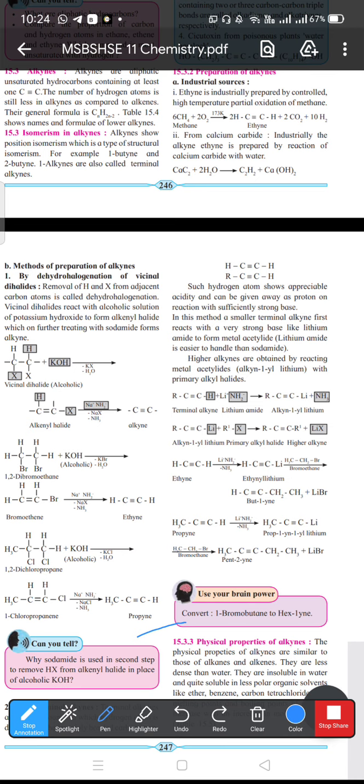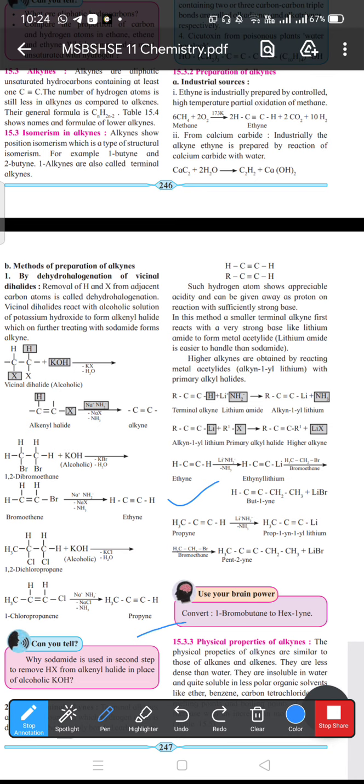Later on, such types of higher alkynes are obtained by reacting metal acetylide with a primary alkyl halide. First the terminal alkyne gives lithium amide, then alkyl halide gives the alkyne plus lithium halide, and in the same way we can continue for ethyne.